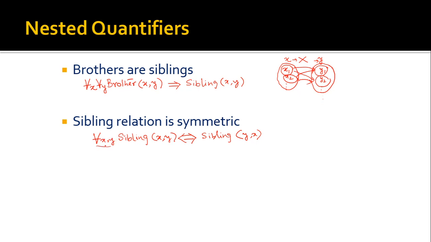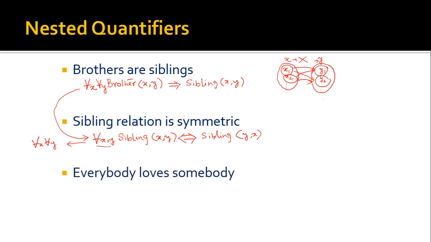This is also a kind of nesting. We are just writing it in a shortened way. This actually means for all x, for all y, so we can shorten it by saying for all x, y.